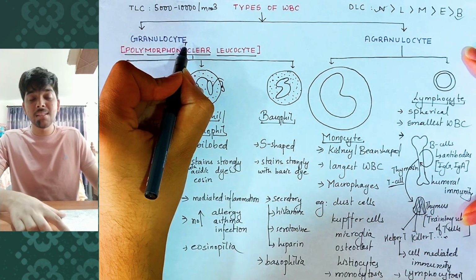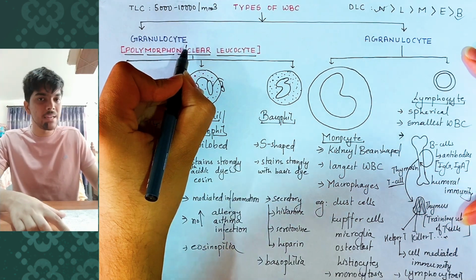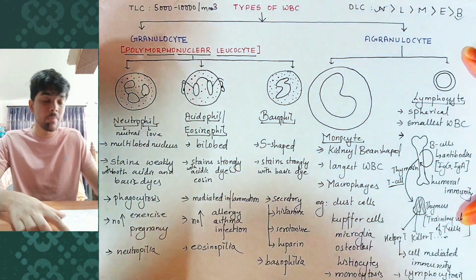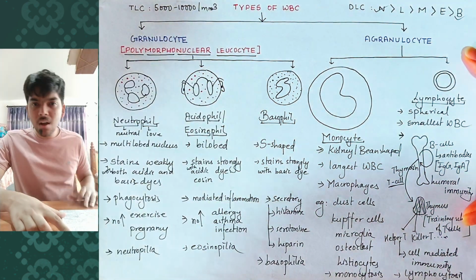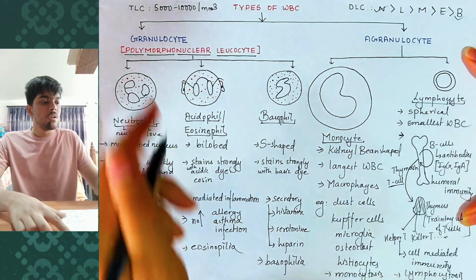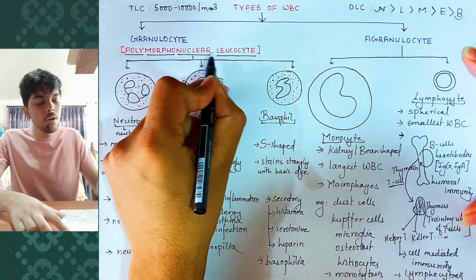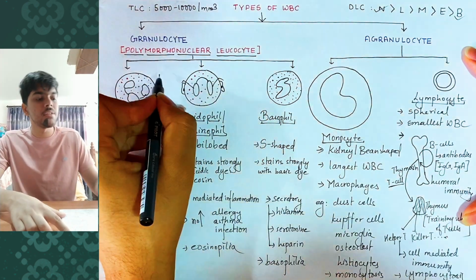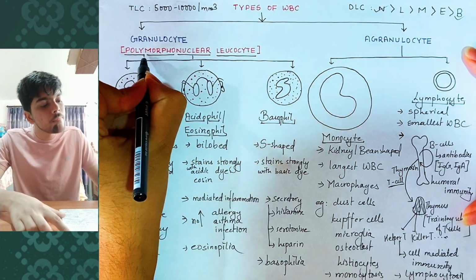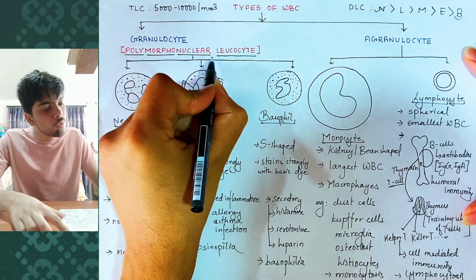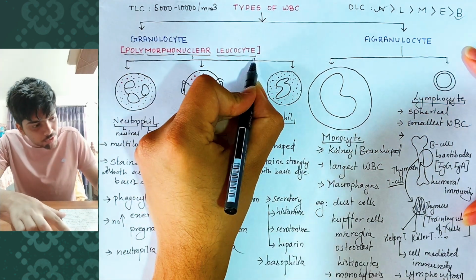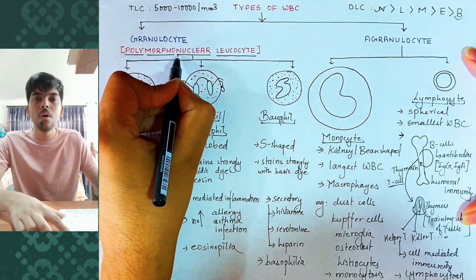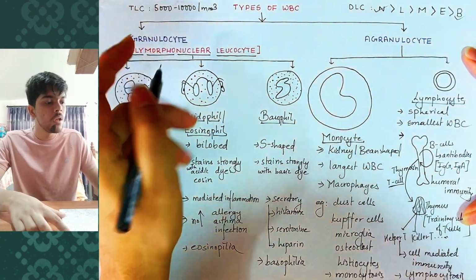Granulocytes have a special name of their own, and it's polymorphonuclear leukocyte. I know it's a long name. Don't get intimidated by it because I'm going to make it easy for you. Let's break this large name into pieces: poly, then morpho, then nuclear, and then leukocyte. Poly means multiple. Morpho means morphology or form.